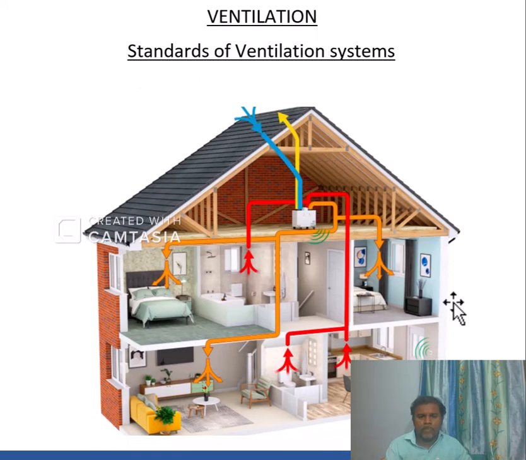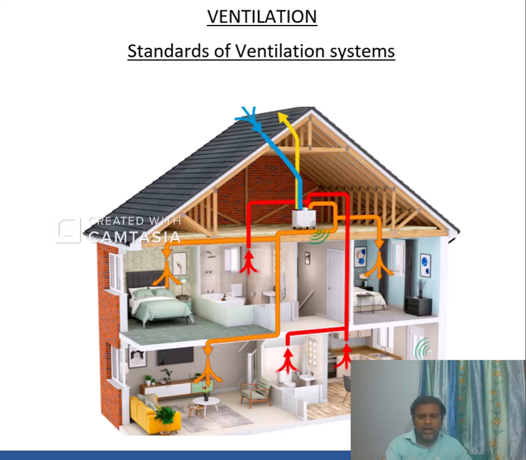house system. You can see here in a ventilation system, this is a hall area, so the air is supplying, the orange color shows the supplying of air to the hall as well as air to the bedroom, and another bedroom air is coming in.